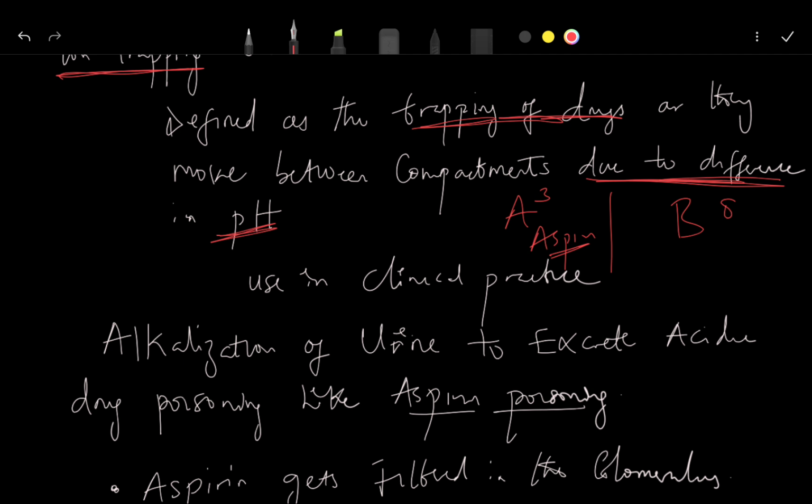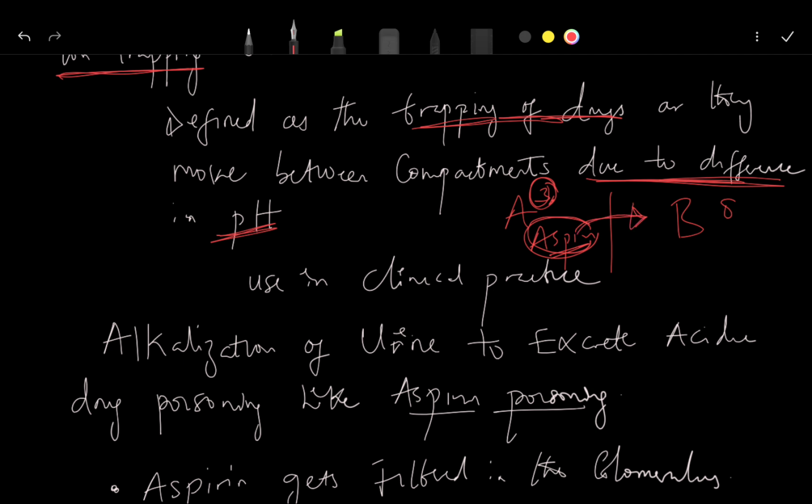Now, by virtue of aspirin being in a pH of 3, it can easily diffuse, because it is an acidic drug in an acidic medium. We said aspirin is an acidic drug. Now it is in an acidic medium, meaning it will be non-ionized, so it can easily cross through the membrane and come to compartment B.